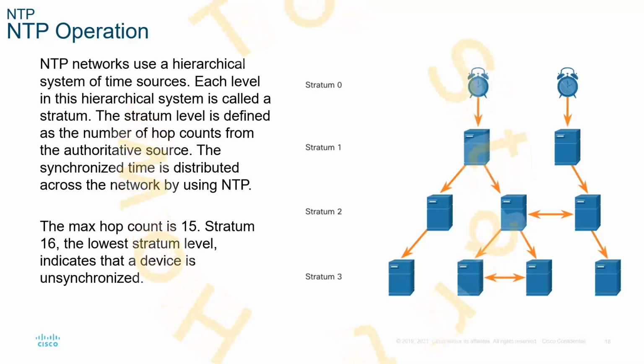Normally the source could be a central time manager, a Google time management server, or a government time server. It really just depends. And then how many hops away from that tells you how far you are from the source. A hop count of 15 is possible, so the lowest stratum number is 16.